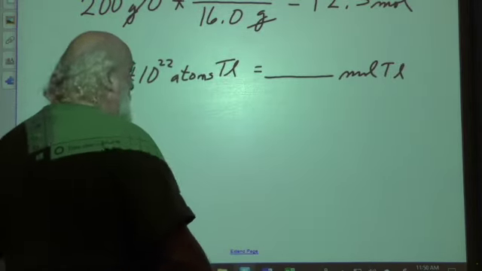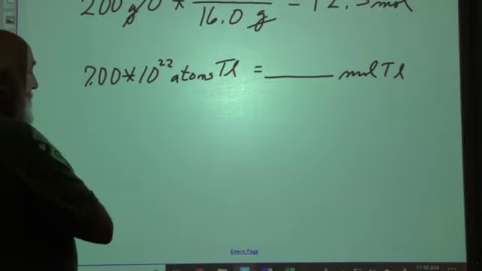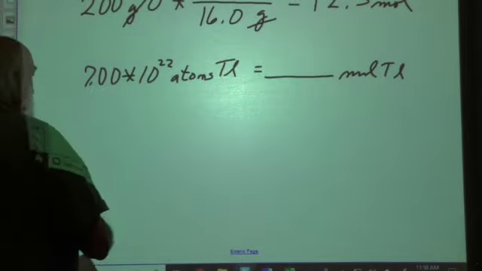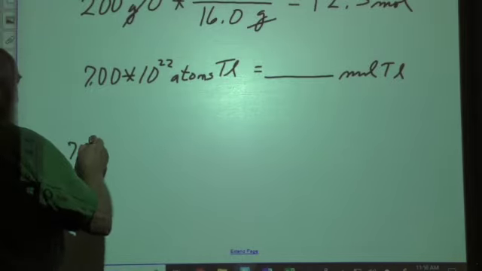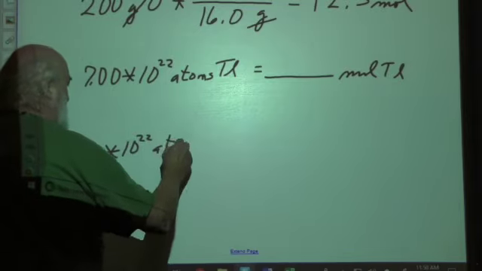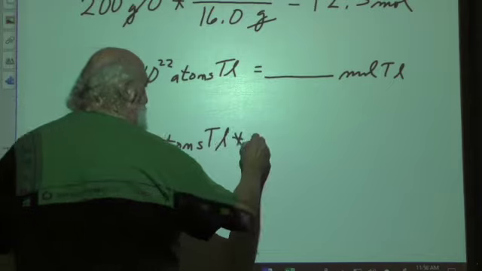Well, thallium is element number 81, so no, we don't even need that anymore because there is no mass involved in this. We just want the number of atoms here. So we start with 7.00 times 10 to the 22nd atoms of thallium times fraction line.